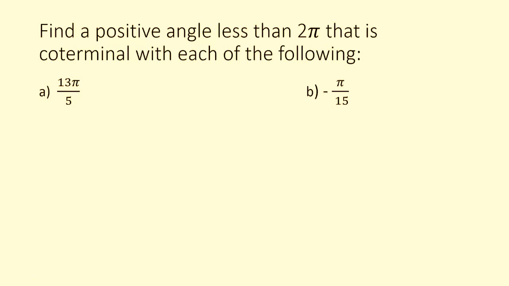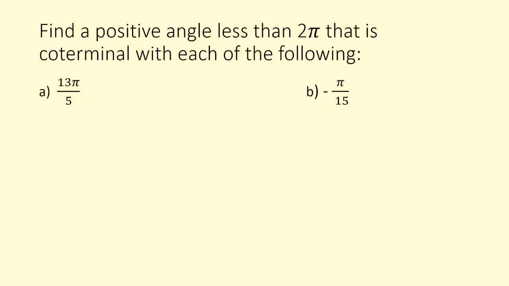Let's find a positive angle less than 2 pi that is coterminal with the given angle. We have an angle that measures 13 pi over 5. We're going to either increase or decrease the radian measure by a multiple of 2 pi. We obtain the coterminal angle, in this case, by subtracting.